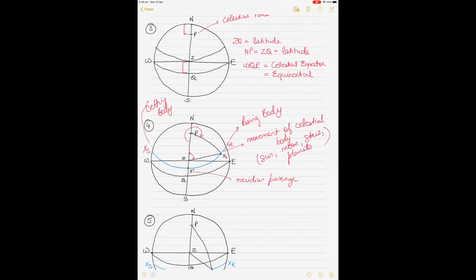Alright, so if at any point during the journey of the celestial body I join Z with X, that becomes the angular distance from you as the observer to the celestial body. Now you cannot talk about distances here, you can only talk about angular distances, measured in angles.